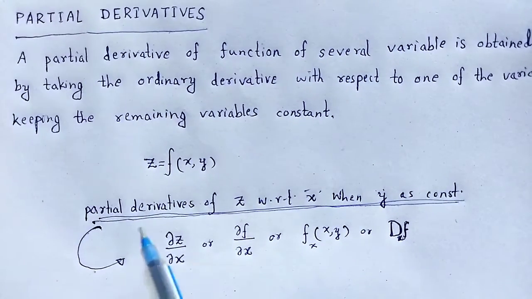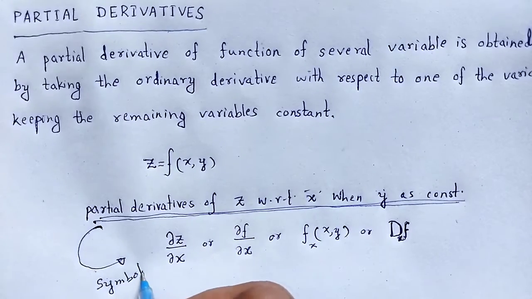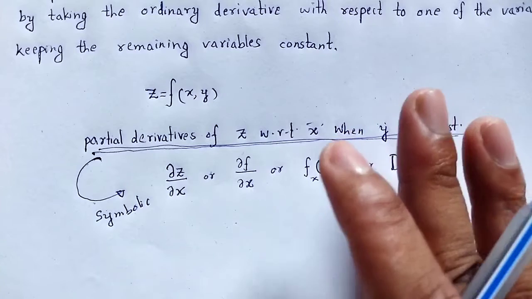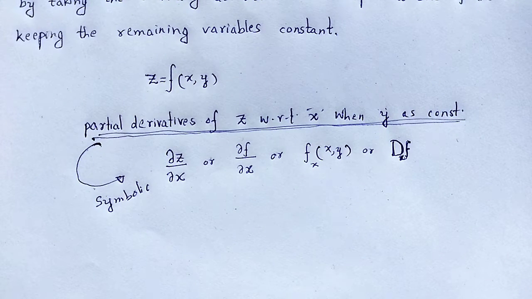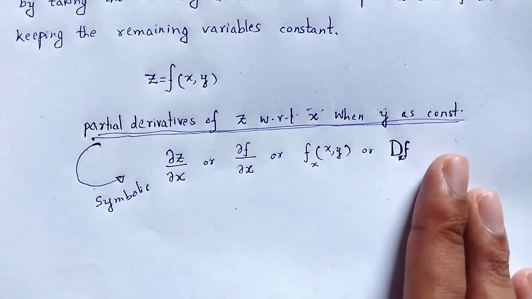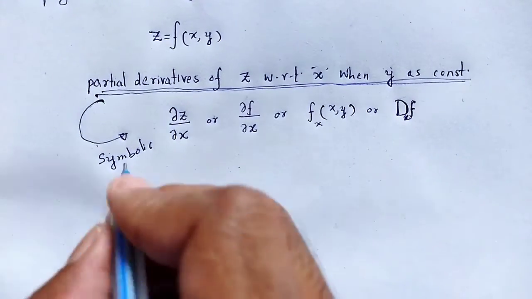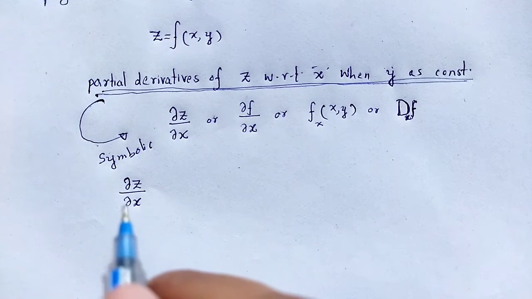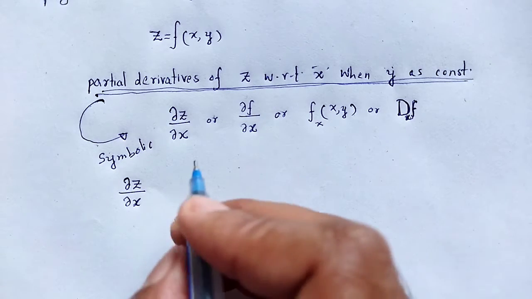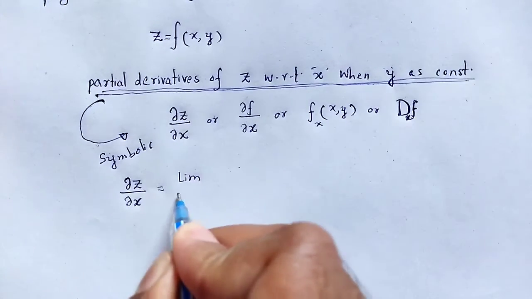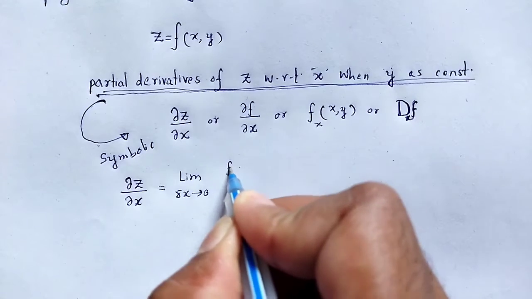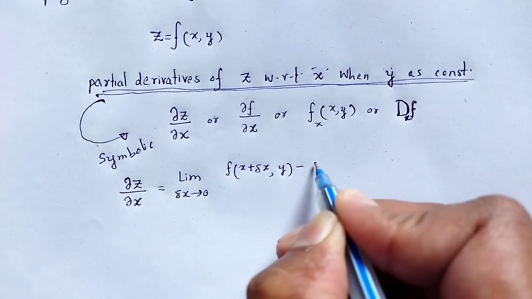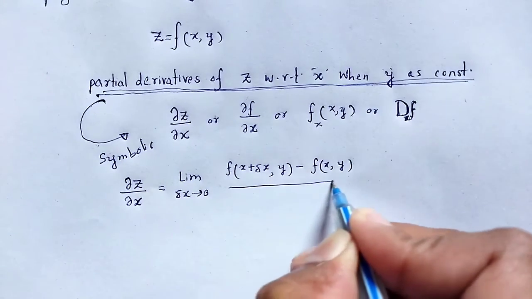Mathematically, to find del z by del x we use the basic definition of differentiation: the limit as delta x tends to 0 of f of x plus delta x, a small increment in x, comma y, minus f of x, y, divided by delta x.